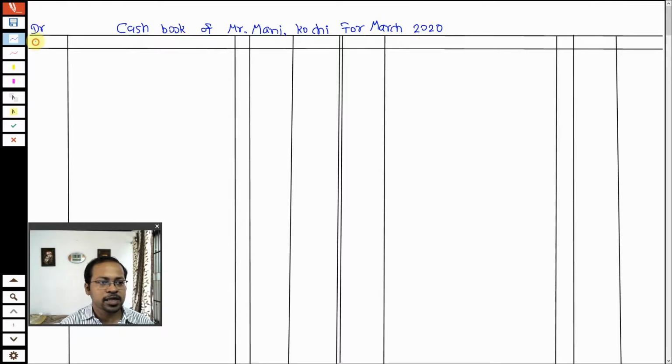It is the debit side: date, receipts, ledger folio number, cash amount and bank amount. Again date, then we have payments, then ledger folio number, cash amount and then bank amount. Okay, so debit and credit both are mentioned.